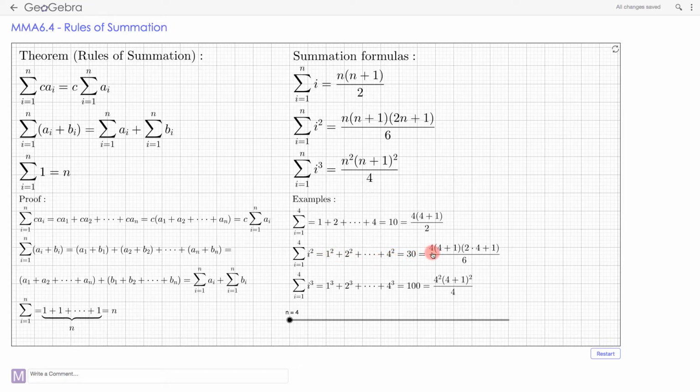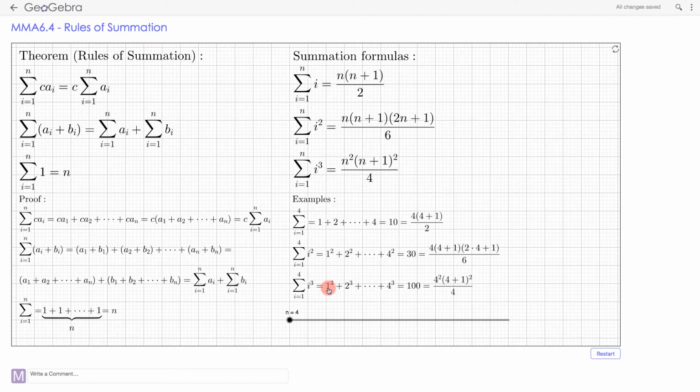And it turns out this is also equal to 4 times 4 plus 1 times 2 times 4 plus 1, like we have up here, divided by 6. So what is this? This is 4 times 5, that's again 20, times, what is this? This is 9. 20 times 9, what is that? 180, right? 180 divided by 6 is 30, so again it fits.